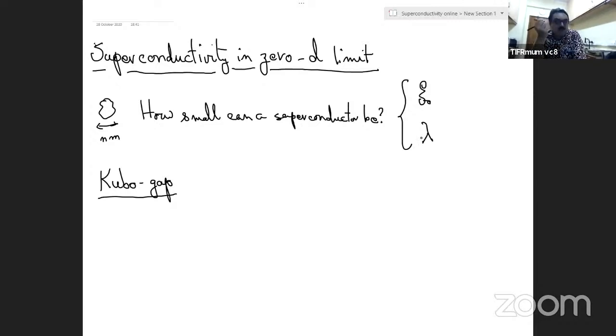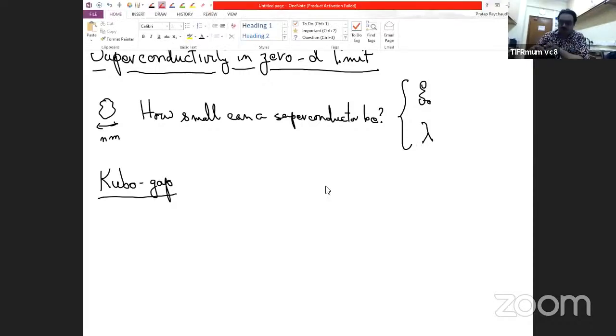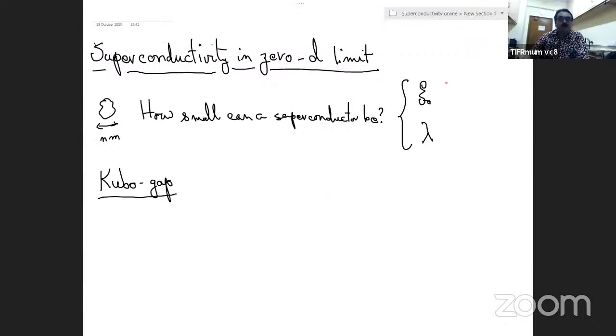Very naively, you would have thought that one of them would determine the limiting size of a superconductor, below which you don't have superconductivity. Surprisingly, neither of them decides that limiting size. The limiting size is decided by a completely different length scale.